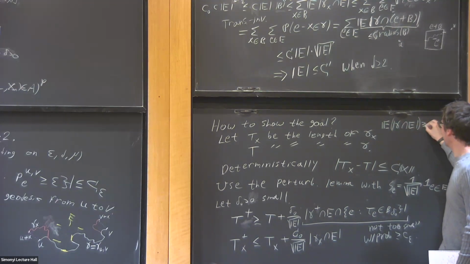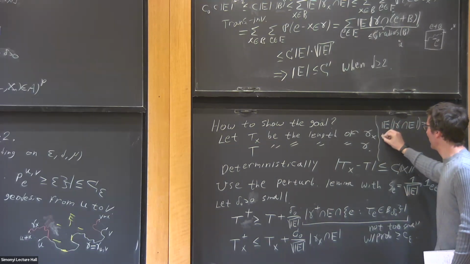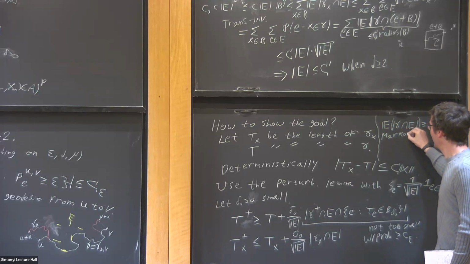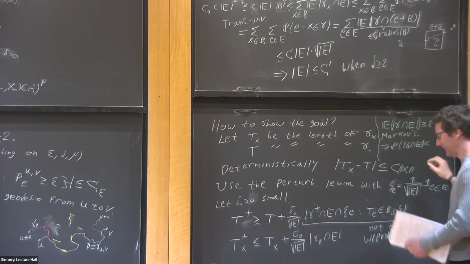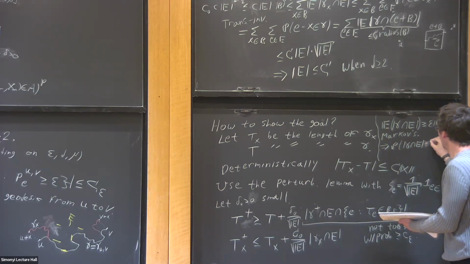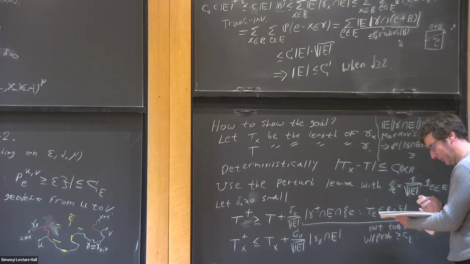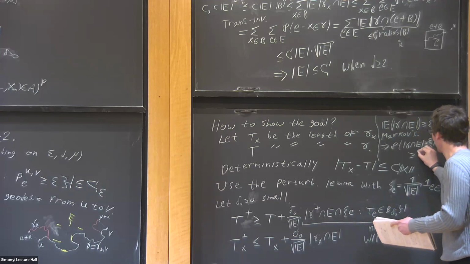So the expected intersection is at least epsilon times size of E. Actually, by Markov's inequality, you can deduce from that the probability that the intersection is at least epsilon over 2 times E is at least epsilon over 2.